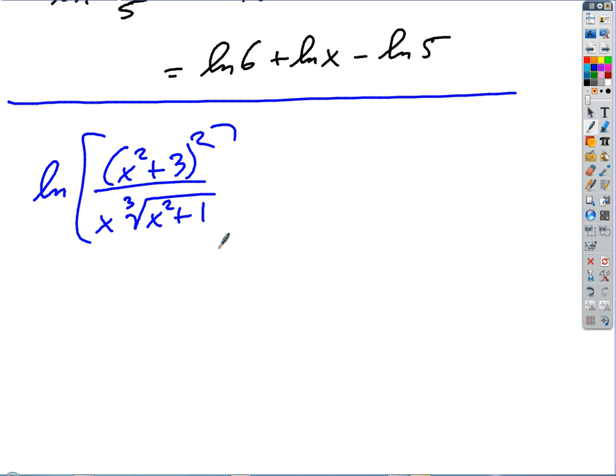Think about all the stuff that's going on. So everybody write this down. Walk me out. Is that x cubed or x to the cube root? That's a cube root.